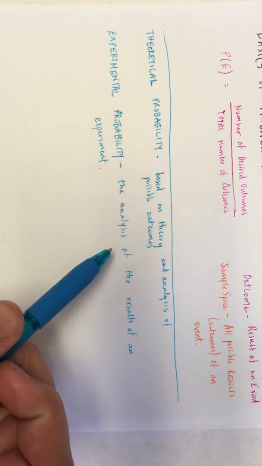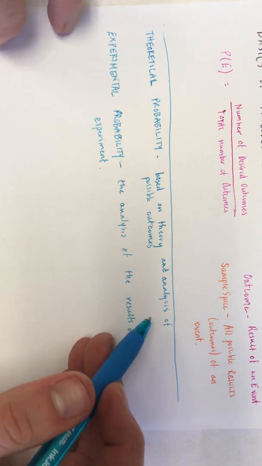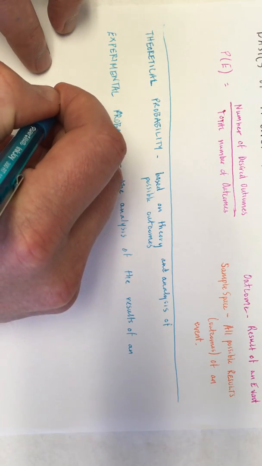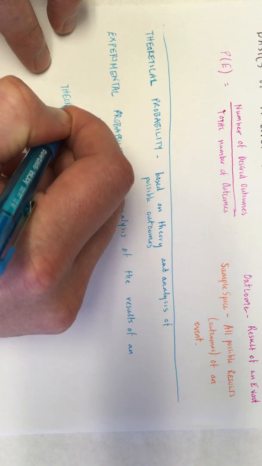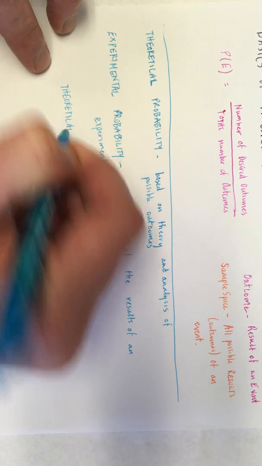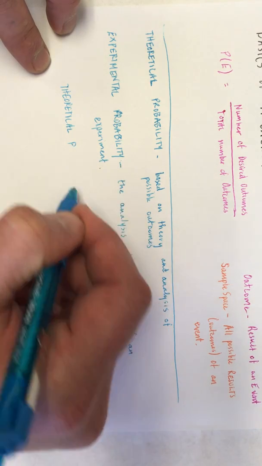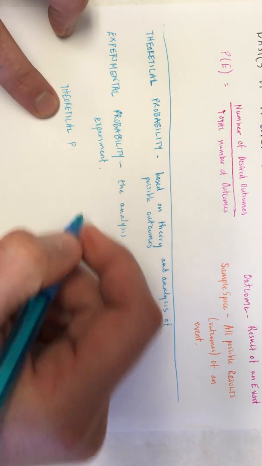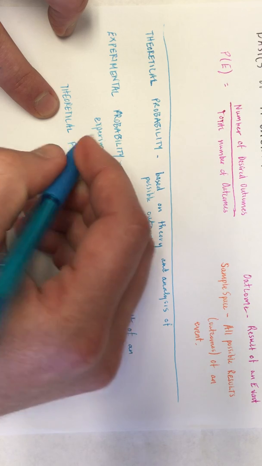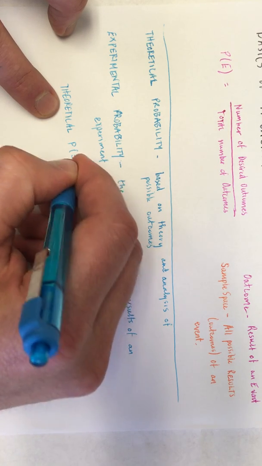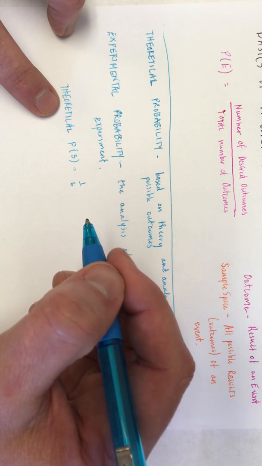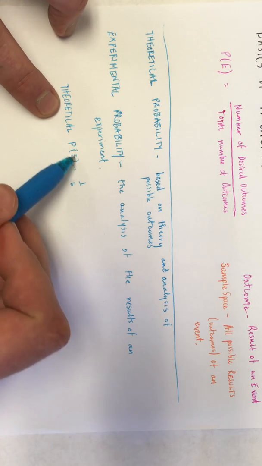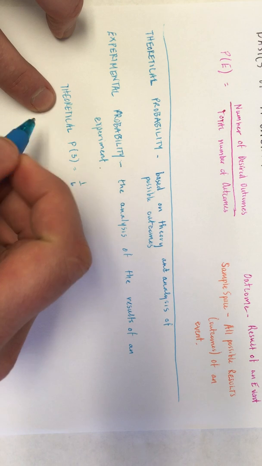So as I was talking about before, theoretical probability is, like, say, rolling a 3 on a die. That's 1 out of 6, because there's 1 three out of the 6 numbers.